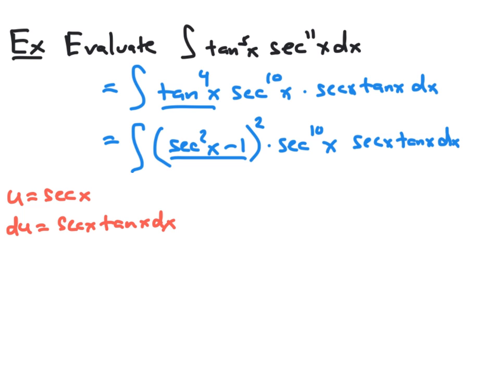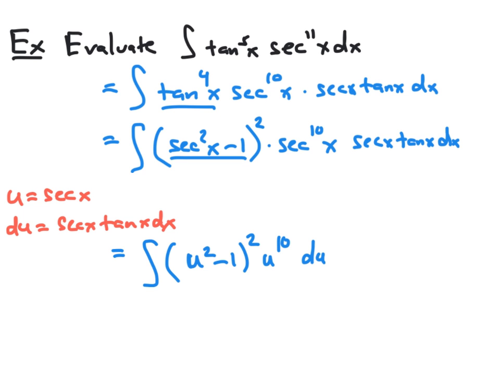And now we have everything that we need for our substitution. We can substitute u in for secant of x, and we get the quantity u squared minus 1 squared times u to the 10th multiplied by du.